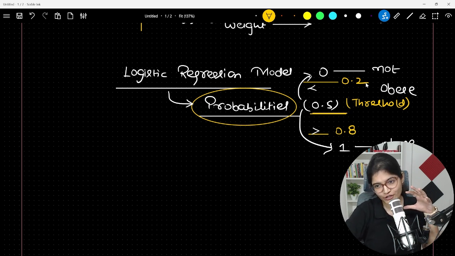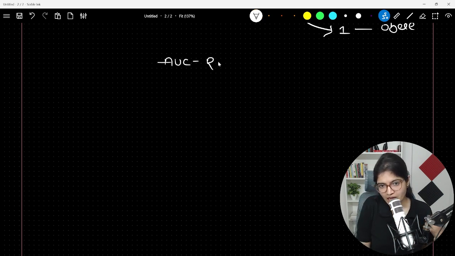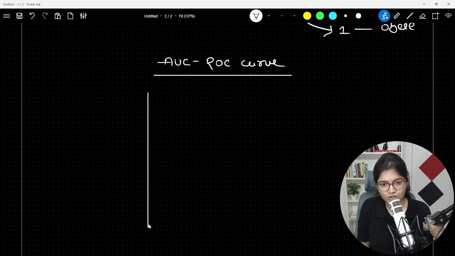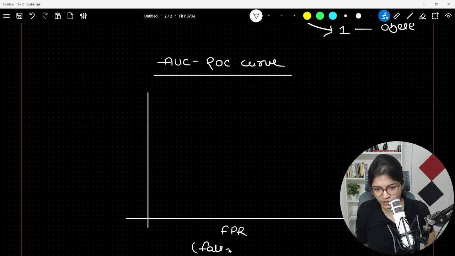And with this threshold taking different numbers, we are trying to curate something called the AUC-ROC curve, which is today's discussion. Whenever we talk about this AUC-ROC curve, first of all, it is a curve made up of two important components. The first component, in the x-axis, is FPR, the full form of which is false positive rate.